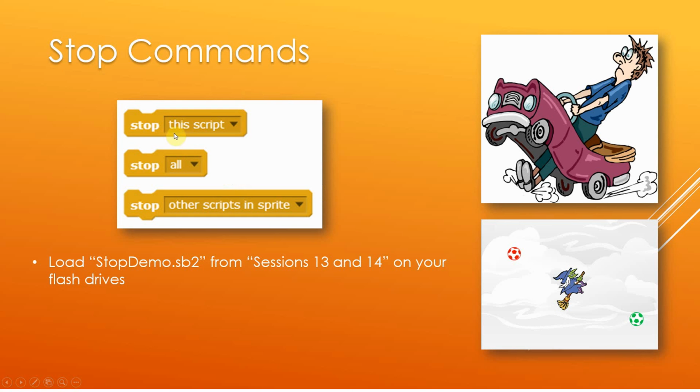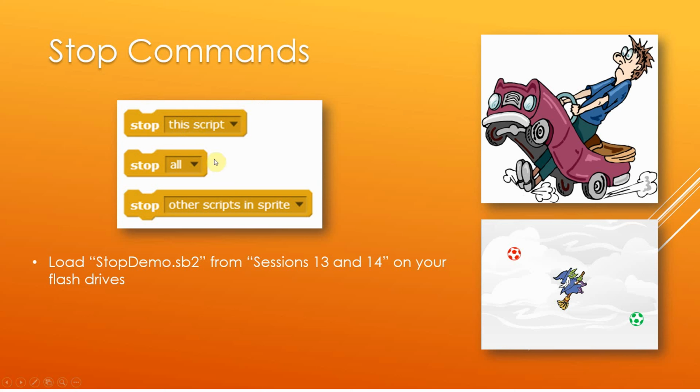Now, the difference between these, remember, is that a sprite can have one or more scripts, and your program can have one or more sprites. If you put this block inside your script in your sprite, then it will stop that script in your sprite. Scripts in other sprites will carry on running, and other scripts in your sprite which don't have this in will carry on running.